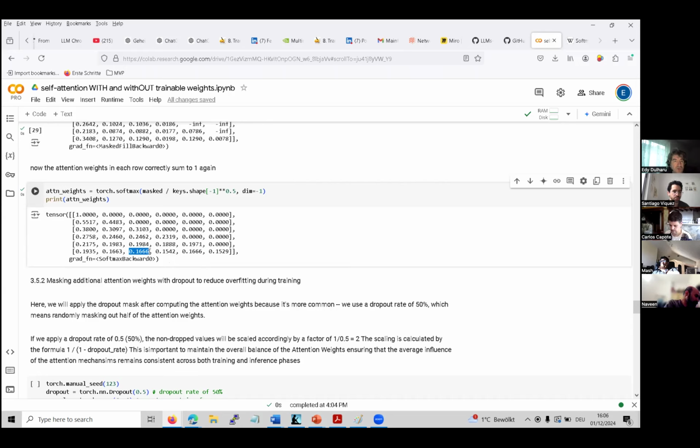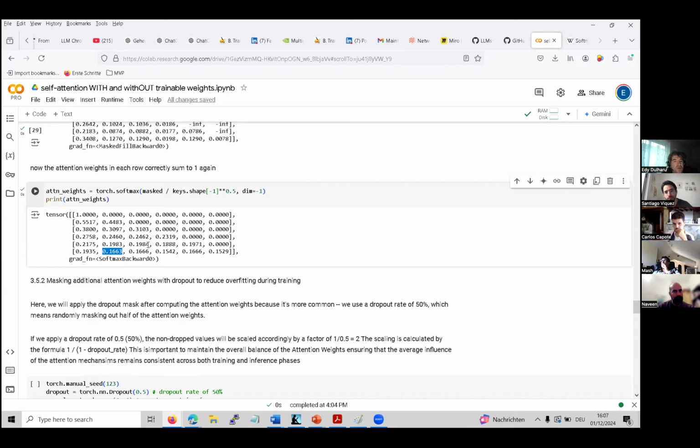According to this implementation, the closest word is starts, and the last, 0.1666, two times. So for the word step, the large language model should pay the biggest amounts of attention to the words starts and first, and the third one is journey.